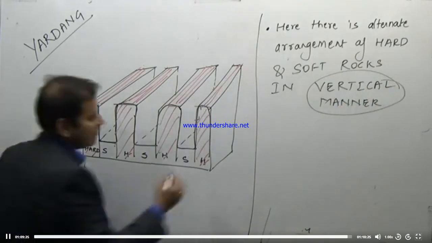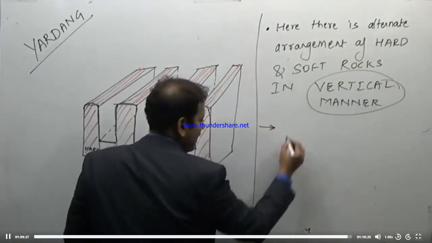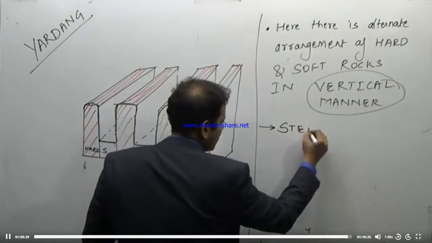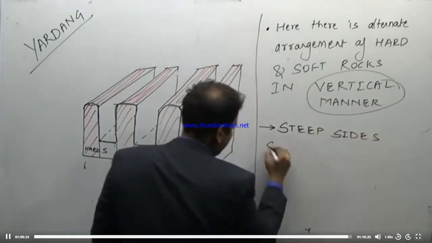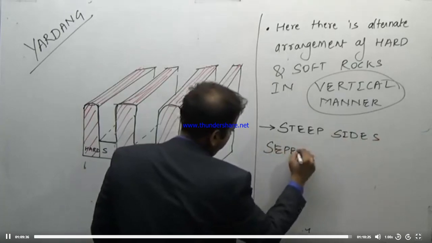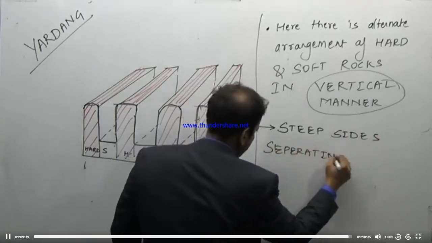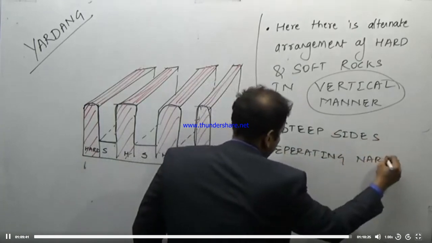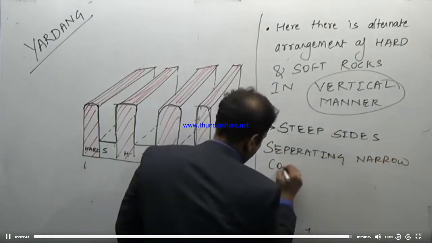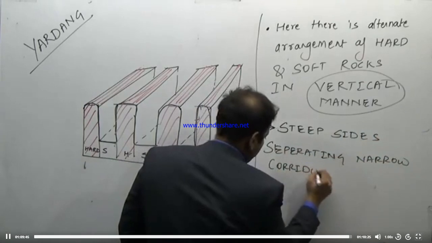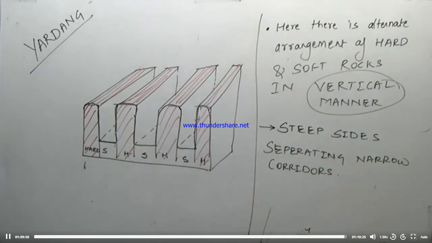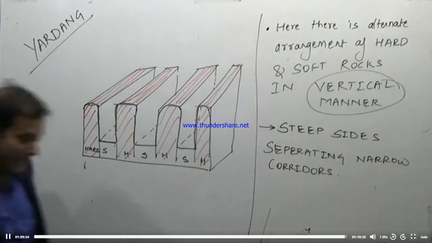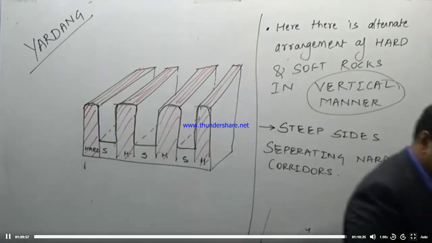So they will have steep sides separating narrow corridors. We have steep sides separating the narrow corridors. These are known as yardangs.